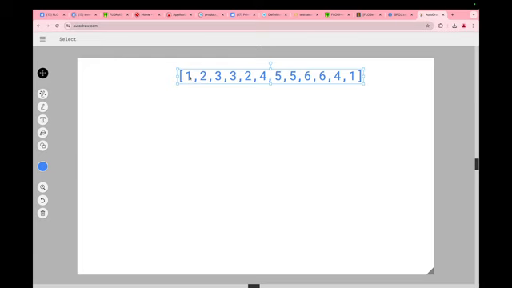Okay, as we discussed, one will always be the root. You can see in this given example also, one is at the start and one is at the end. So let's make one. Now, all the other elements inside one will be its subtrees. But we don't know how to place them.